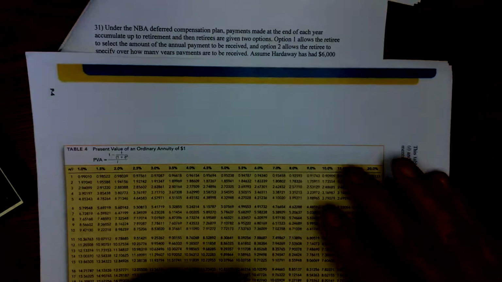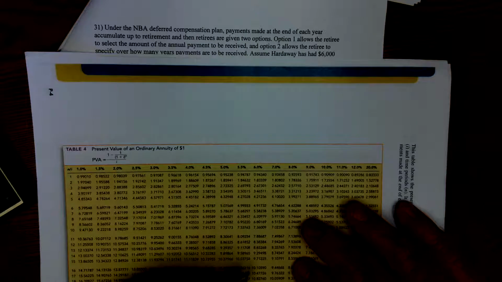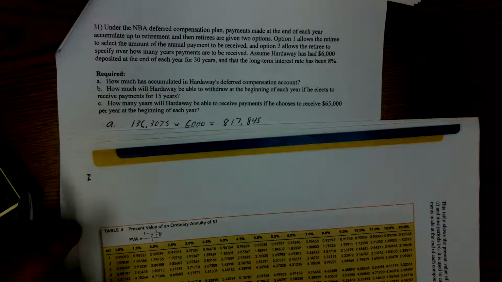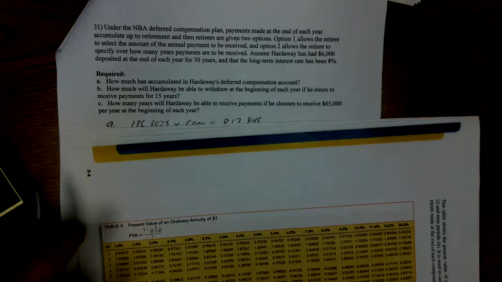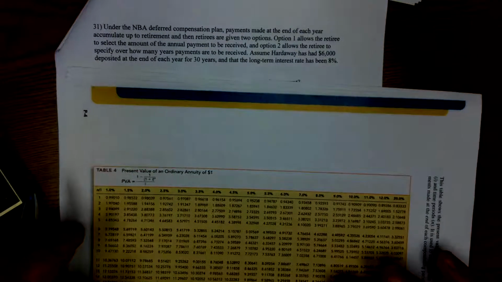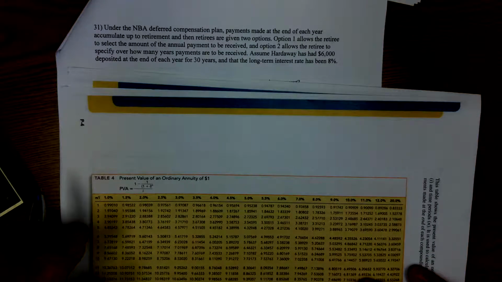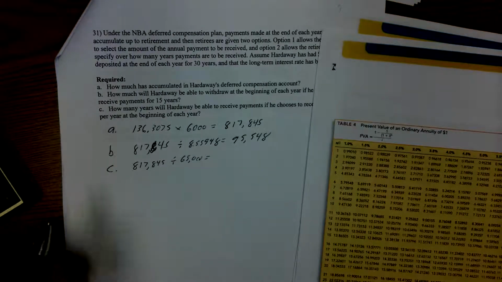And so we need 8% until we get down to 12.58. So it would be 41 years. It's actually off the chart, but just over 40 years.